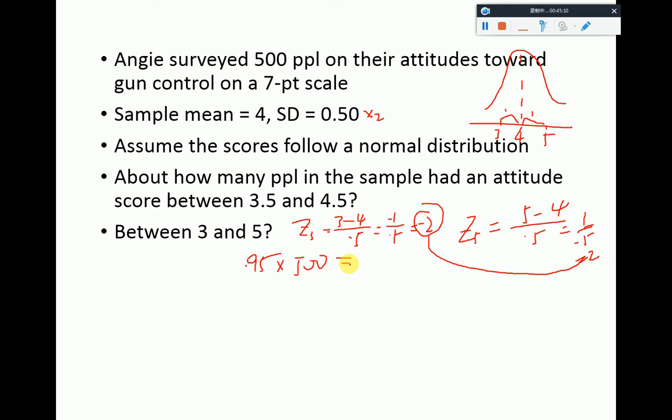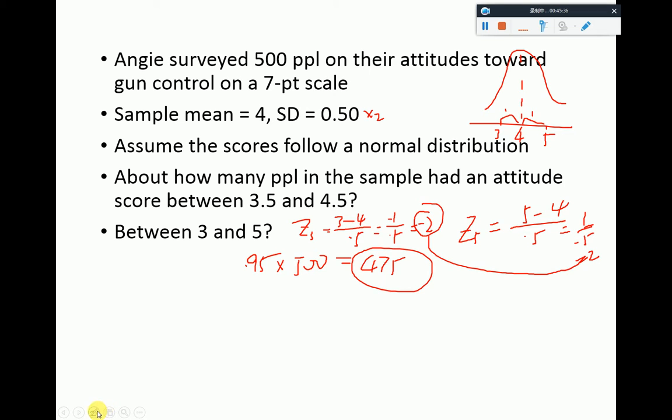What's that? That will give us 475. There we go. So the answer to this question is there will be about 475 people that will score between 3 and 5 given this normal distribution.